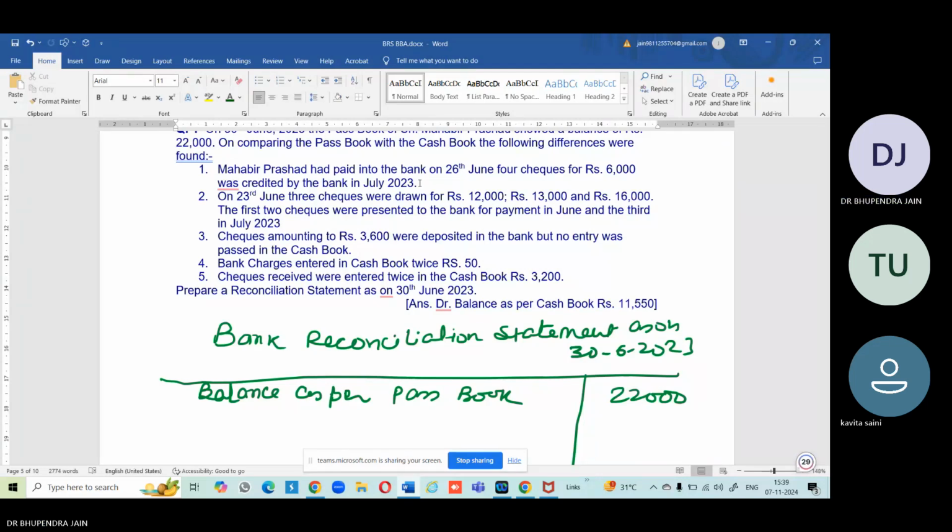That means the accountant has already increased the balance of rupees 6,000 in your books of account, in your cash book. In this case, we start the question as per the passbook balance. That's why we have to increase the balance in the passbook.